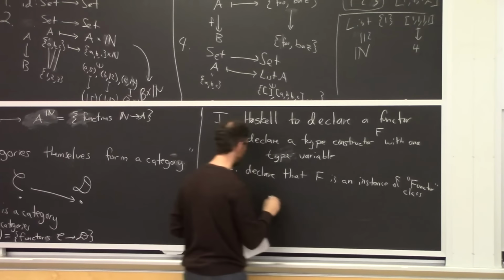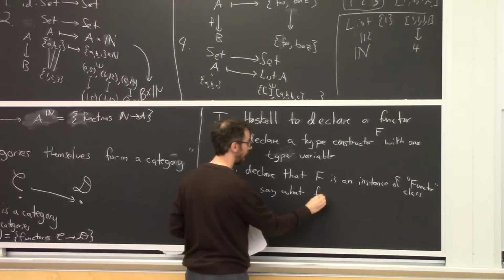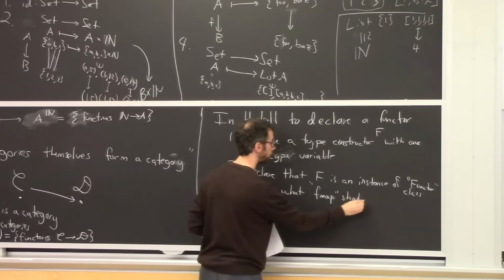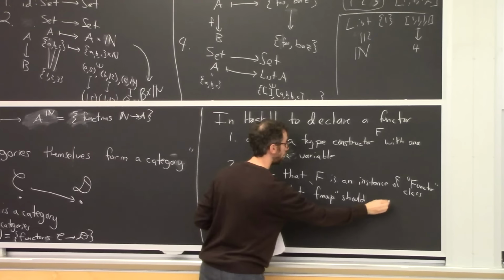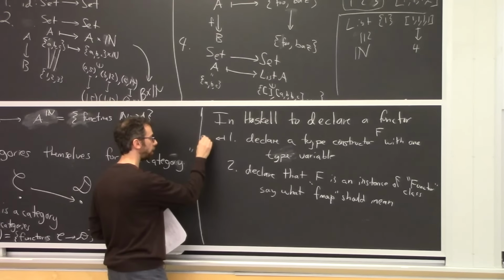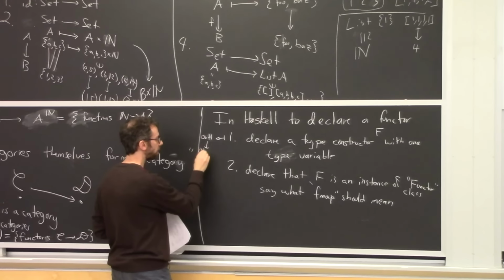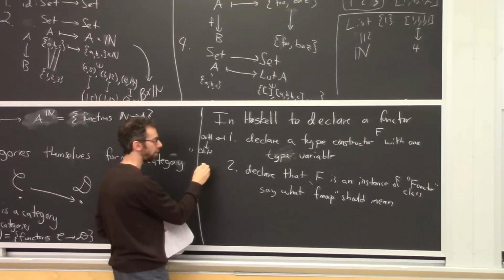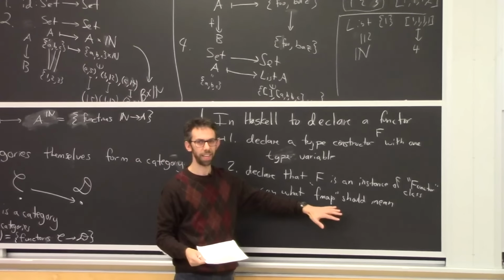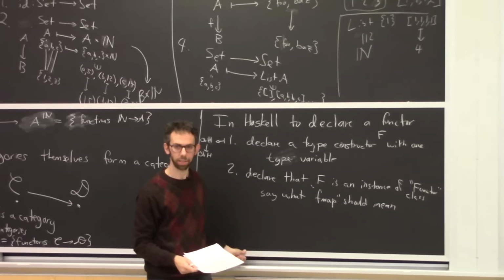And what that part means is to say what fmap should mean. So that's what you have to do. What this corresponds to in category theory is that you have a function from Ob C or Ob Hask to Ob Hask, and you have a function from each hom set to hom set. That's what these 2 things are doing, and I'll say more in a second how it looks in Haskell.